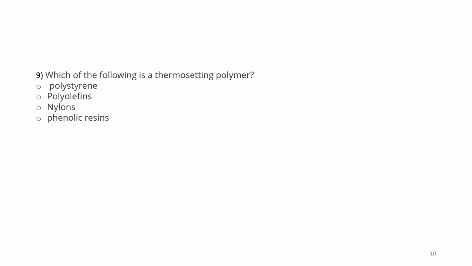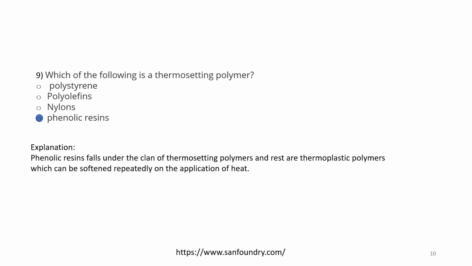Which of the following is a thermosetting polymer? Your options are polystyrene, polyolefins, nylon, phenolic resins. So the correct answer here will be the last one. This is the only thermosetting polymer here. Others are thermoplastics.